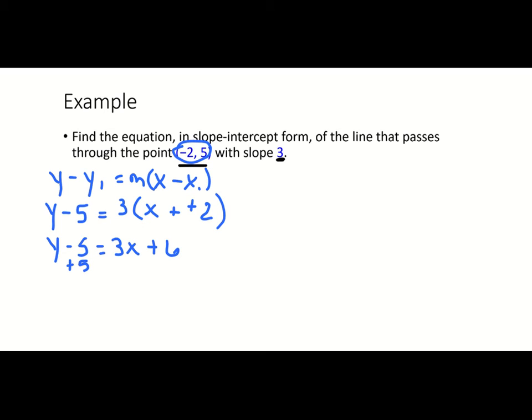Add 5 to both sides. So y equals 3x plus 11. And that would be my equation in slope-intercept form. Not too bad.